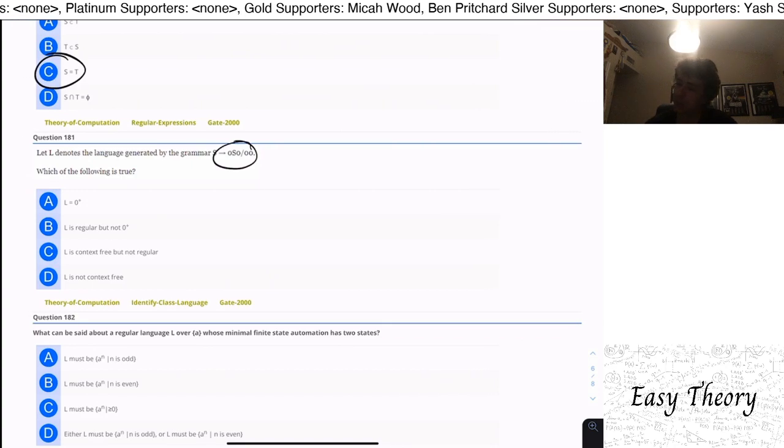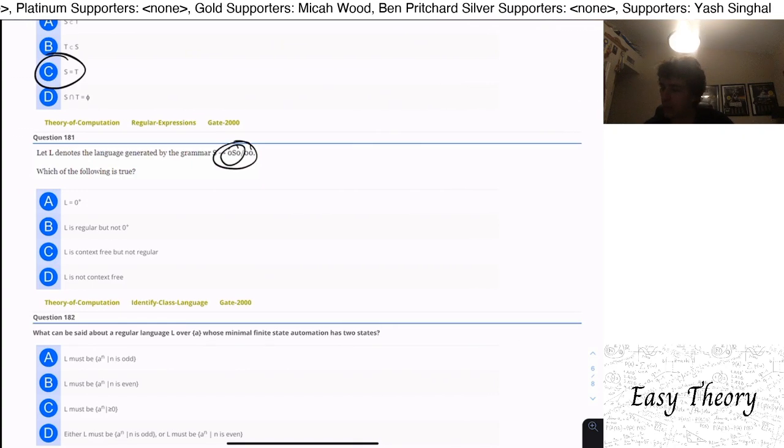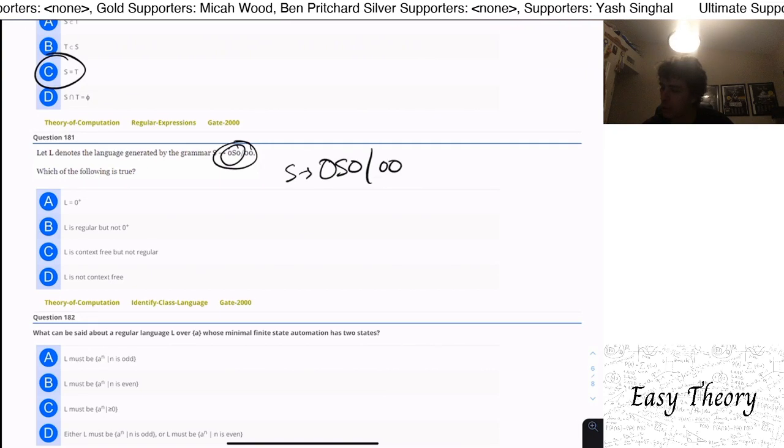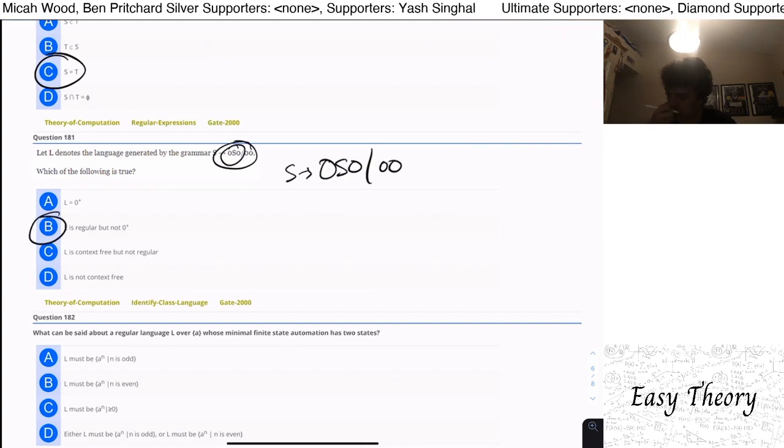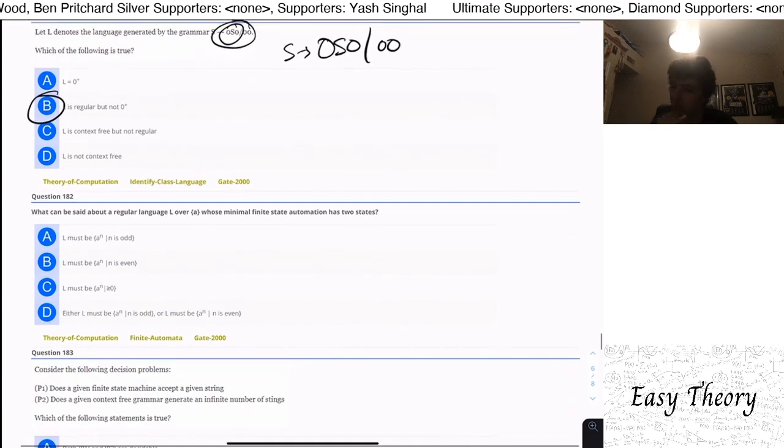Okay, yeah, so it's only making... Oh, okay, I see what this is doing. So this is 0S0 or 00. So this is all even length strings. So this is regular, but it's not 0 plus because it doesn't have the empty string. Okay, that makes sense. What can be said about a regular language?